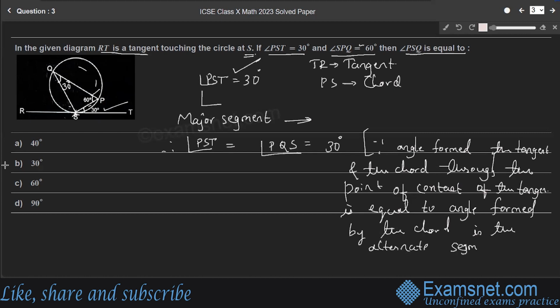In this particular case, it is the major segment, right? Therefore, PST is equal to PQS.